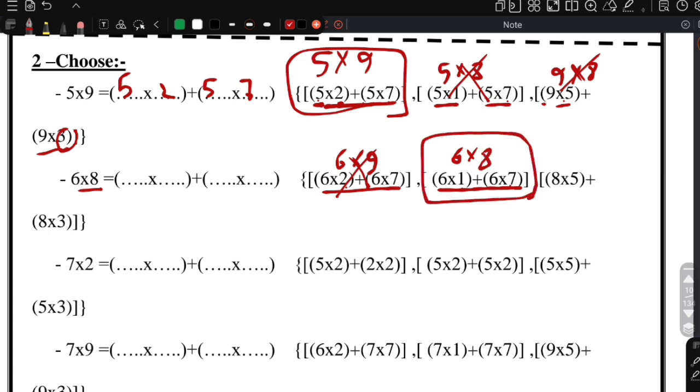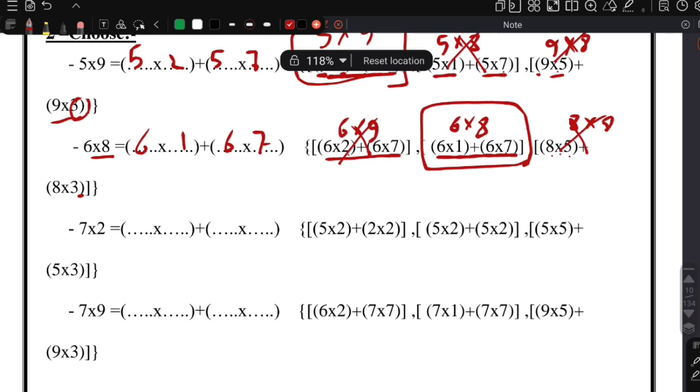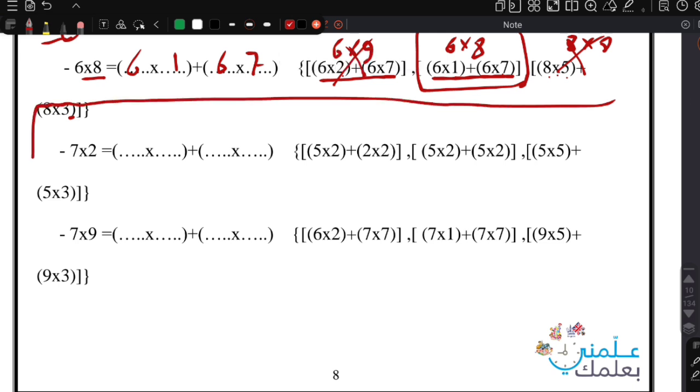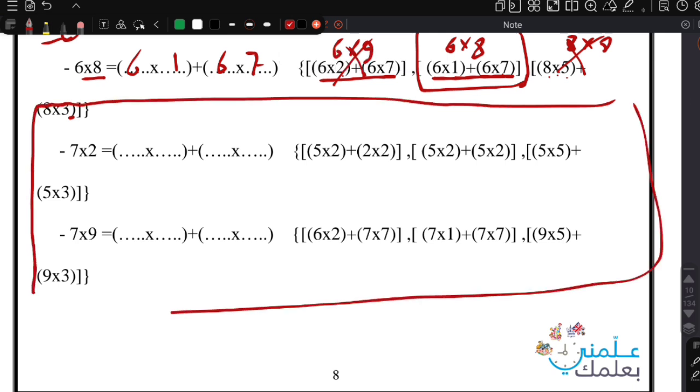Okay, let's see the third choice. 8 times 5 and 8 times 3, 8 will be the same, and 5 plus 3 equals 8. So this is not right. Okay, so I will put here 6 and here 6, and he will split the 8 into 1 and 7. Okay, you can test yourself by solving these two problems.